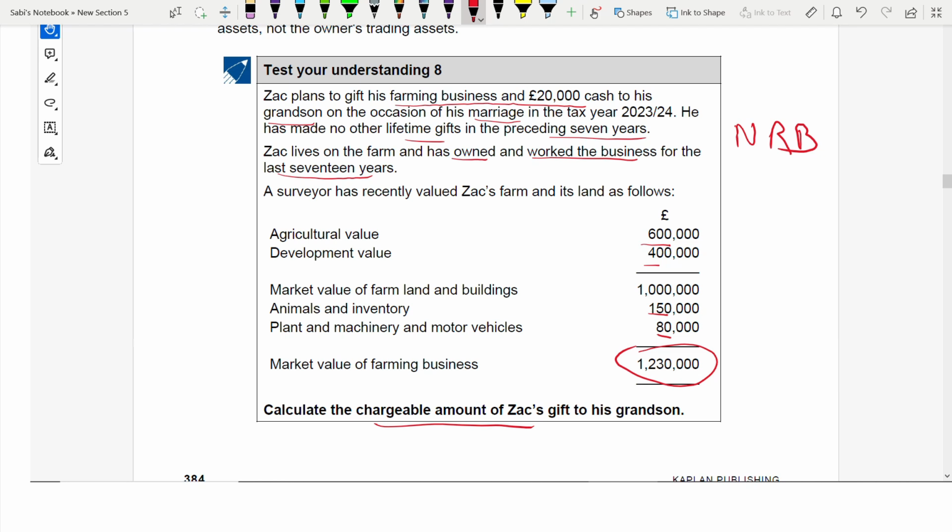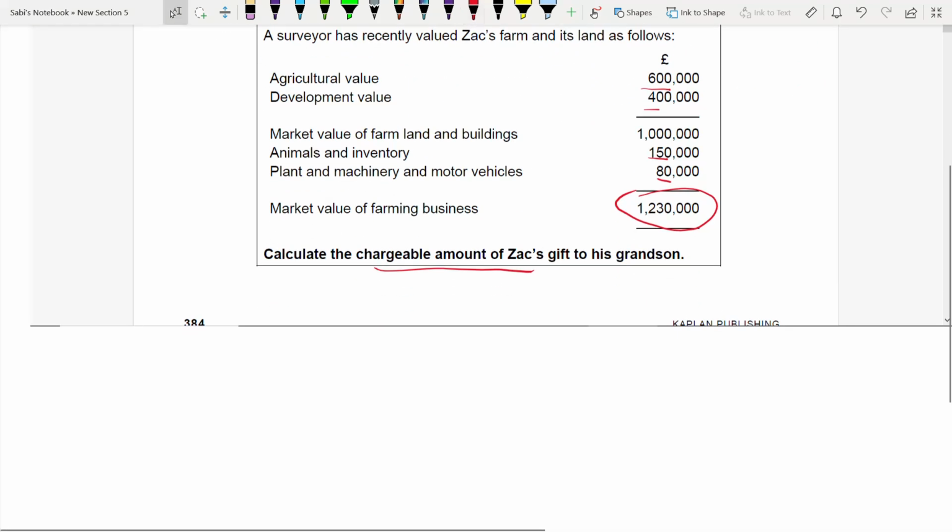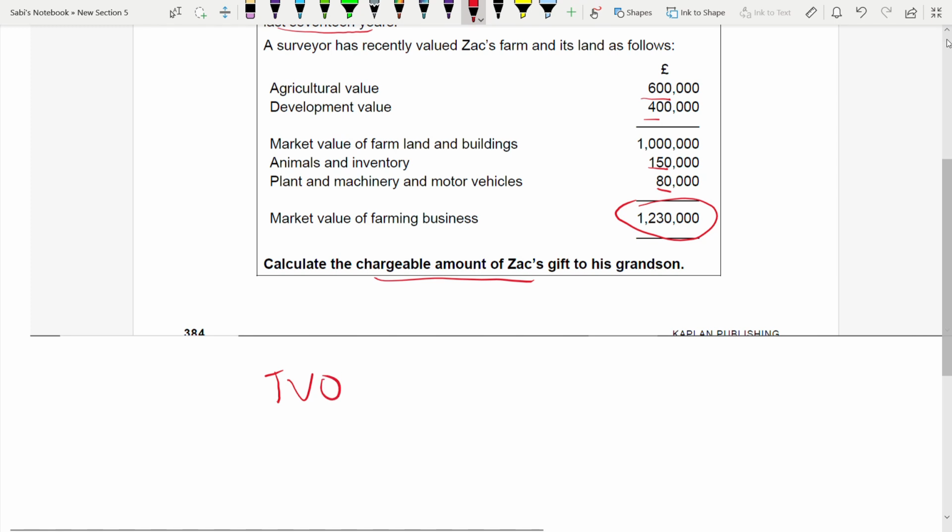Now, you have to find the transfer of value. When we are finding the transfer of value, there are two things. One is for farming business and the other one is for cash.